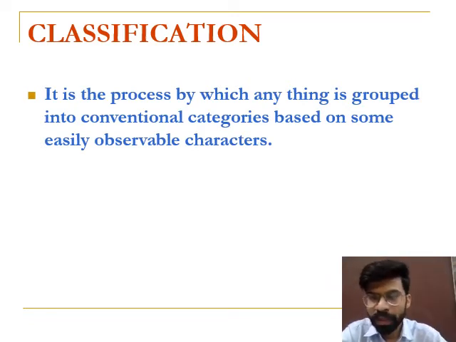So all the organisms bearing the mammary glands are placed in mammalia. So classification can be defined as a process by which anything is grouped into a convenient category based on some easily observable character. This is known as classification.